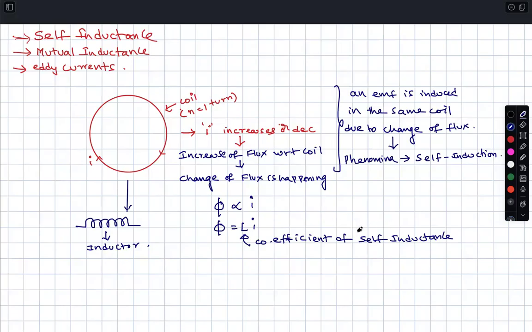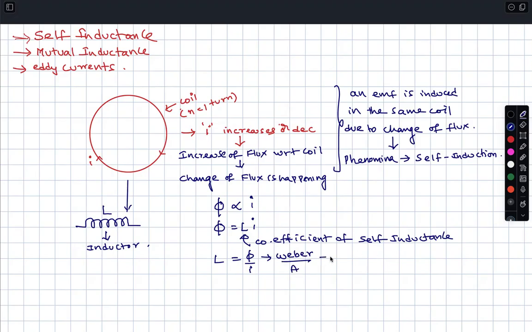And at a later stage you will call it inductance. So you are representing this as L. In the way you are representing R, you will represent L now. L is literally flux by current. Flux in Weber by ampere.